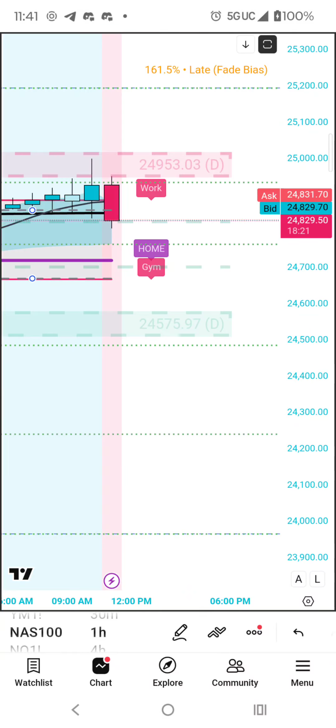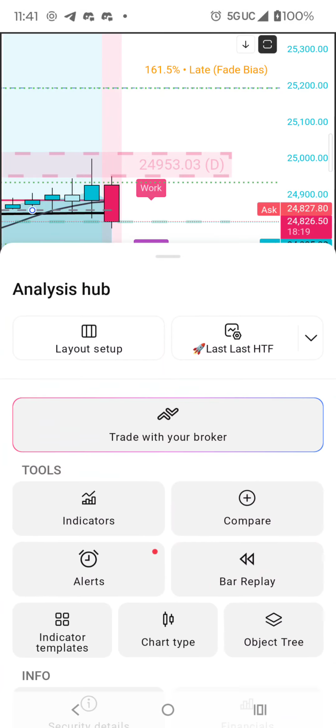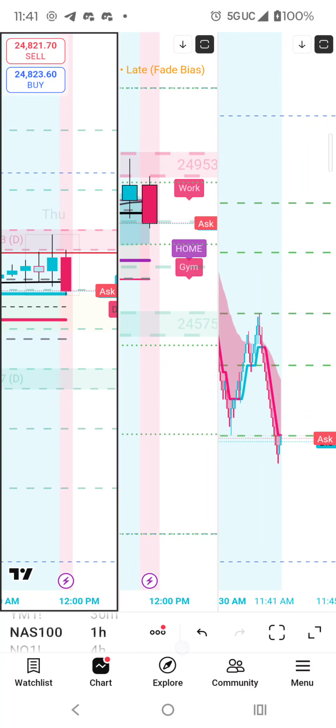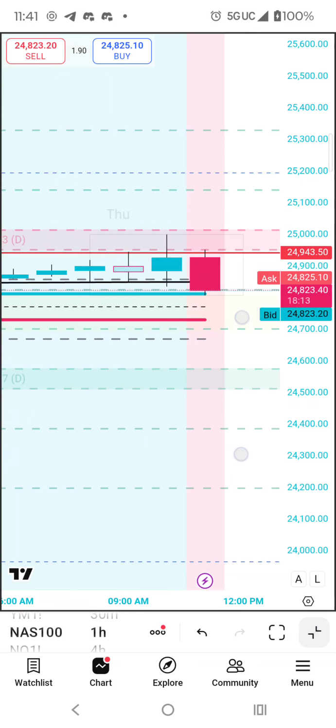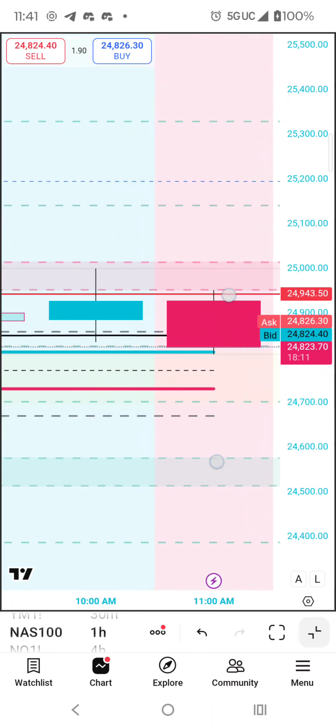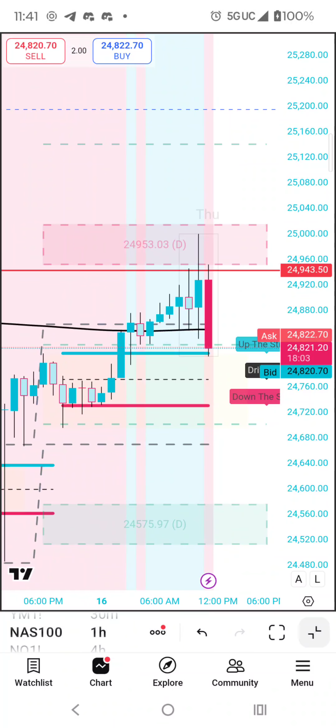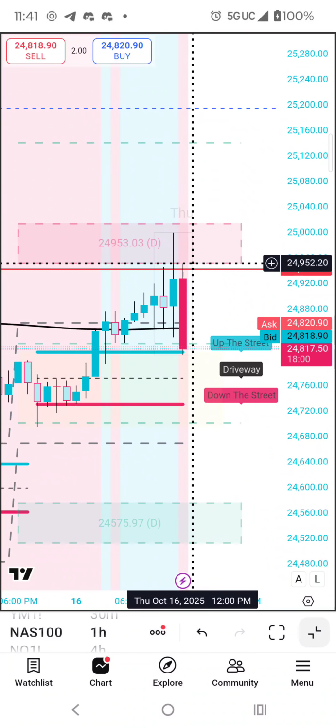Let's go back to the other one. Bang, bang, bang. Bang, bang. Look at that. It just sold down to up the street and touched it. It looked like it's finally trying to make its move. And where did it sell off of? Right here, perfectly.